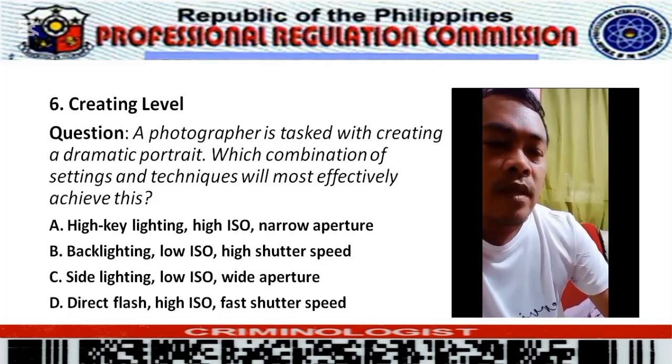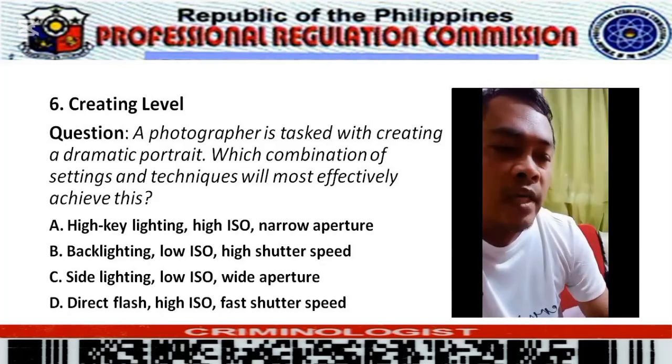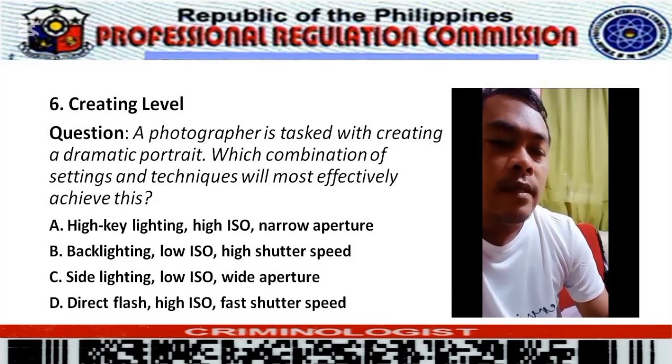B, low key lighting, low ISO, high shutter speed. Letter C, side lighting, low ISO, wide aperture. Letter D, direct flash, high ISO, fast shutter speed. So what do you think is the correct answer?